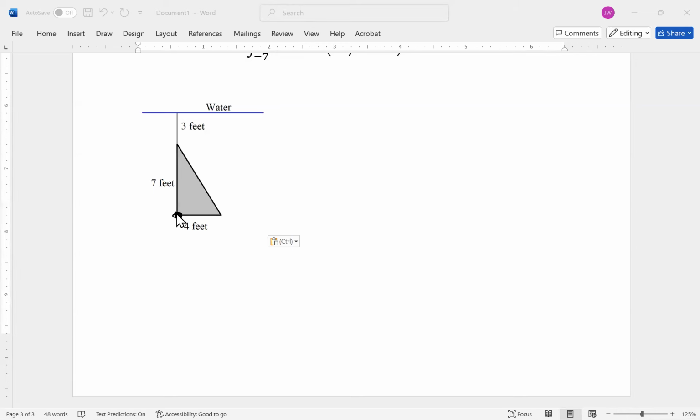If I put the origin at the lower left hand corner, then this vertical line becomes my y-axis. The horizontal line at the bottom of the triangle becomes my x-axis.